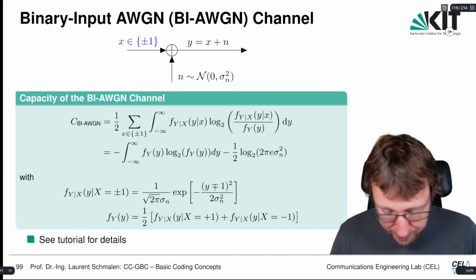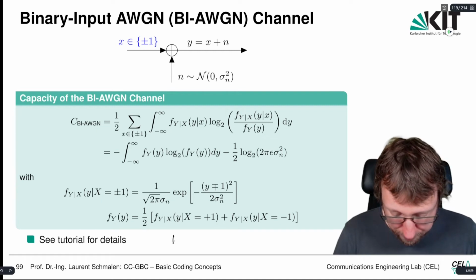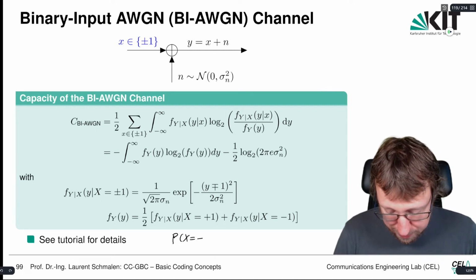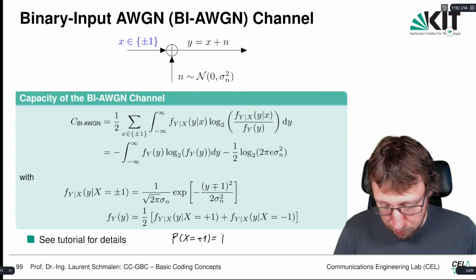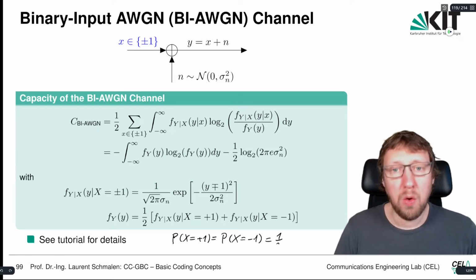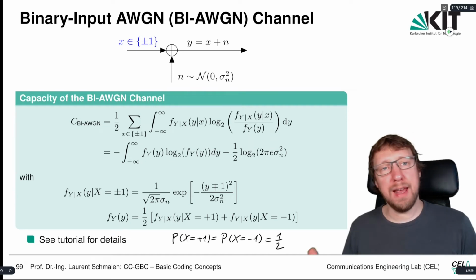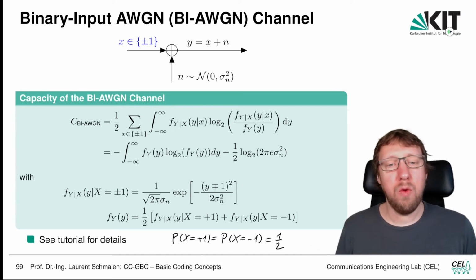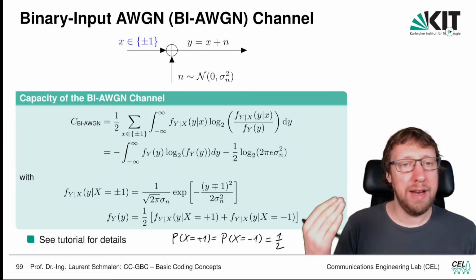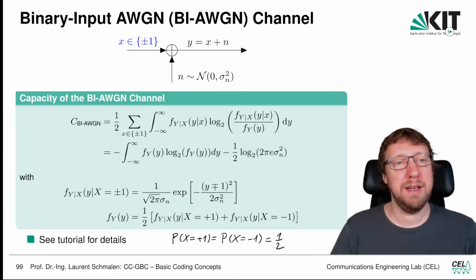And the capacity is achieved if p of x equals plus 1 is equal to p of x equals minus 1 is equal to 1/2. And again, in the tutorial, we have a section with an exercise where we derive this capacity step by step.